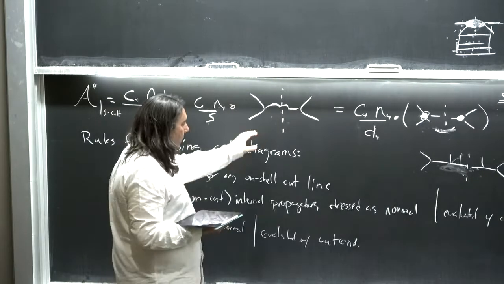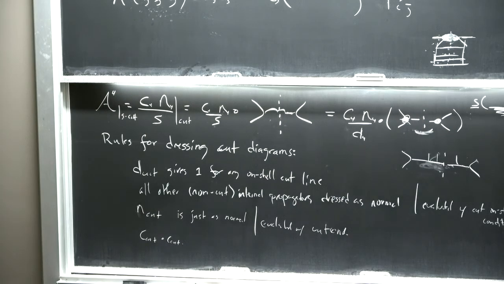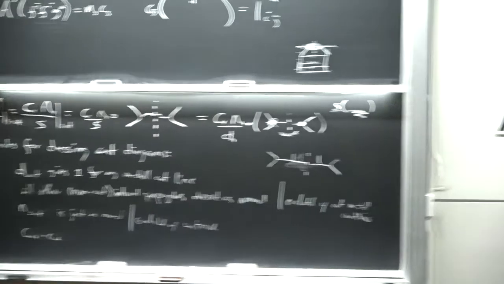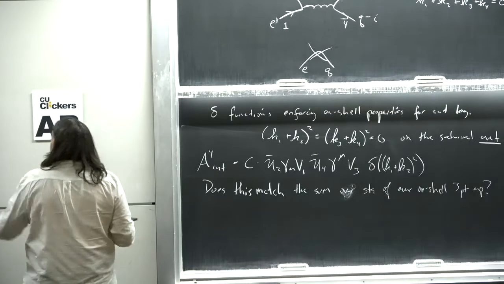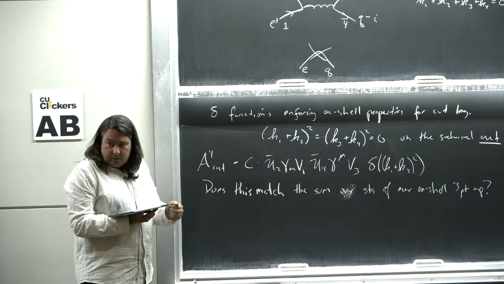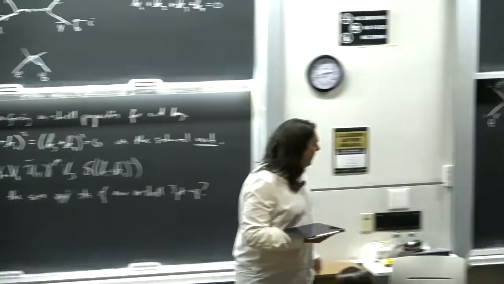I just have 1. So I just have this cut expression that I got from taking my candidate dressing, my guess for 4-point, and evaluating with on-shell conditions. Now I'm going to match it to sewing together 2 lower point amplitudes. And what I'm explaining now, I can't believe any of you can read this.